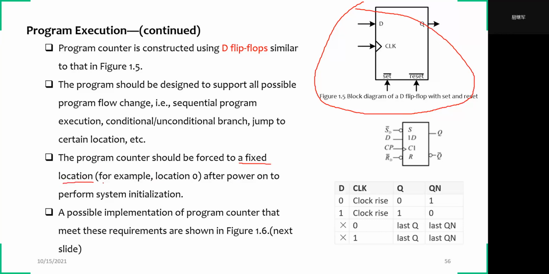The fixed location usually is location 0. After the power on, the program counter is set to 0. A possible implementation of the program counter that meets these requirements is shown in the figure.